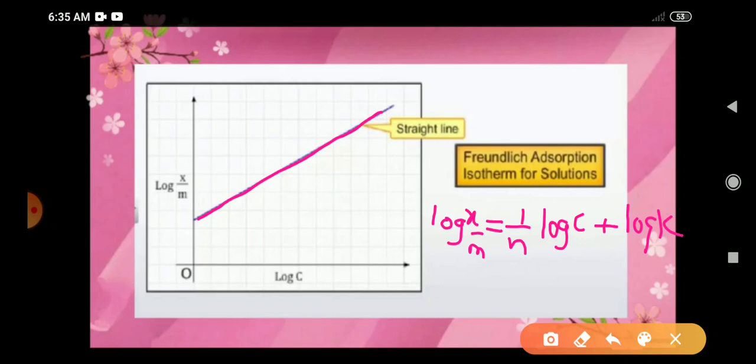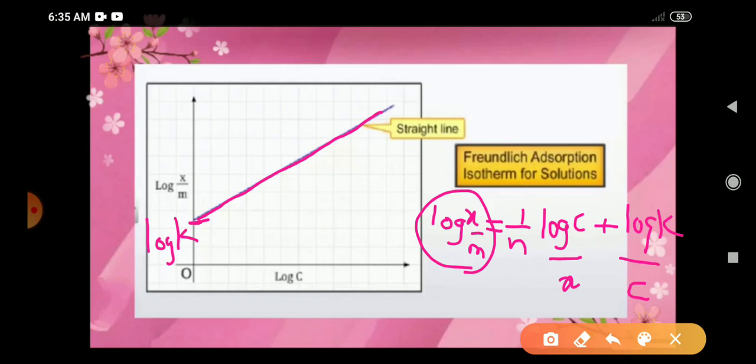Here log x by m is the y-axis, log c is the x-axis, and log k is the intercept. So the point where the line intercepts the axis is log k.